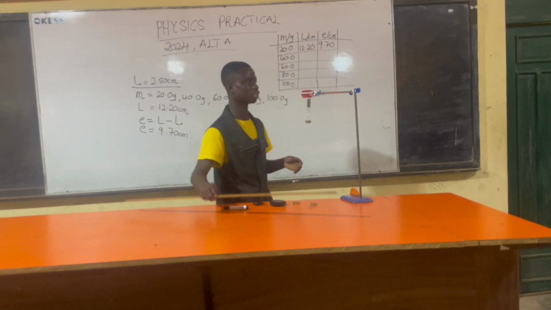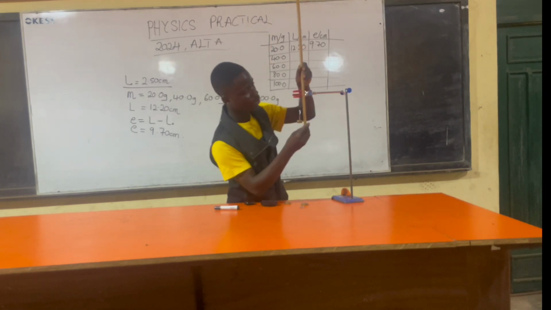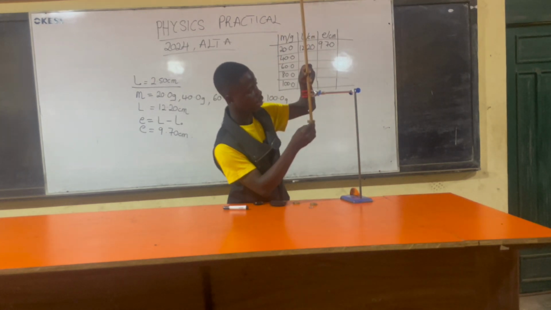So this is our mass 40. Let's measure L for it. For mass 40, L is 12.70.